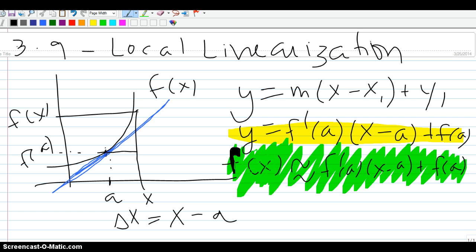So, of course, f of x minus f of A is that change in y. And then f prime of A is going to be our slope. So f prime of A equals the change in y over the change in x.